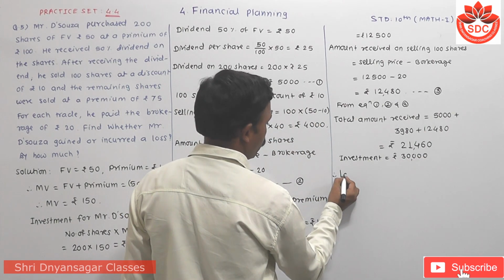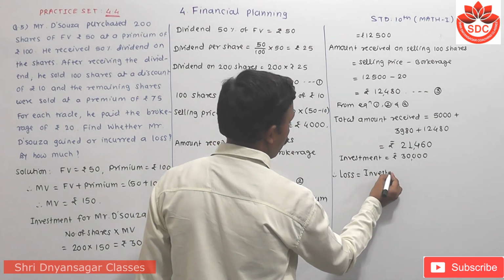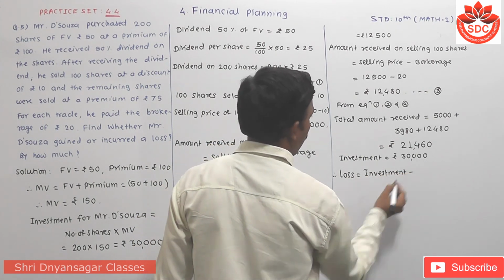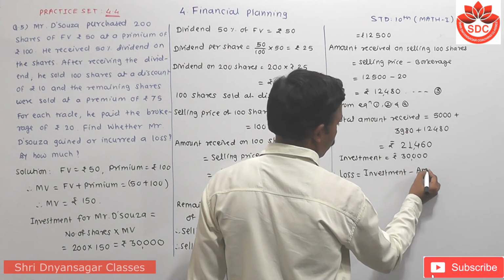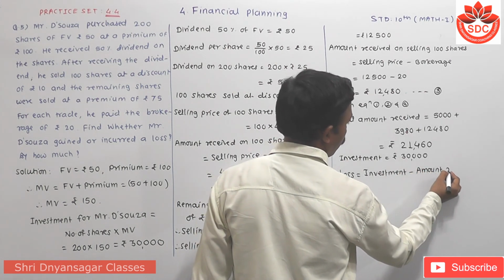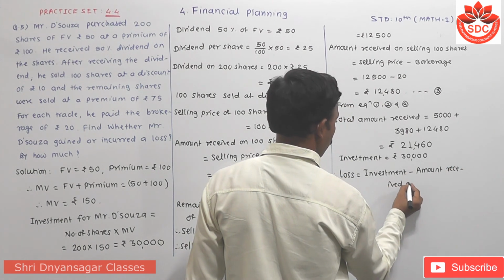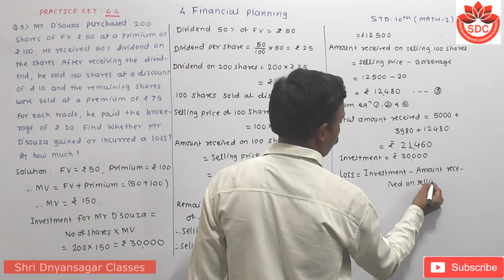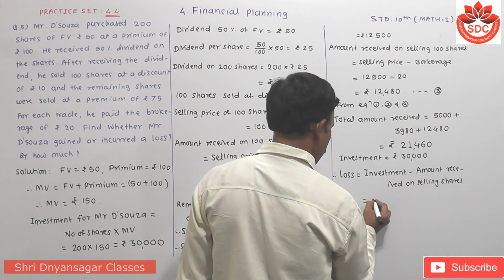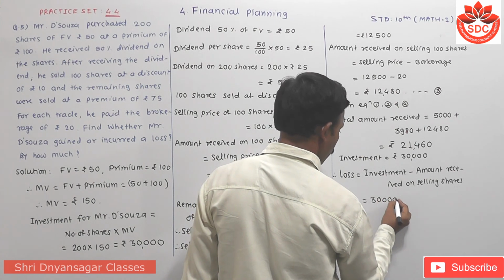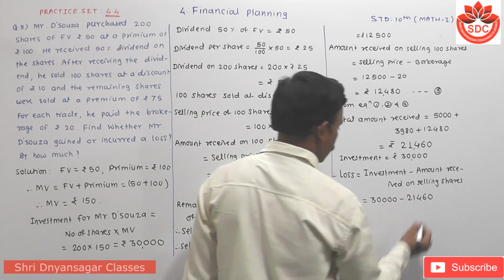Therefore, loss is equal to investment minus amount received on selling. This is 30,000 minus 21,460.